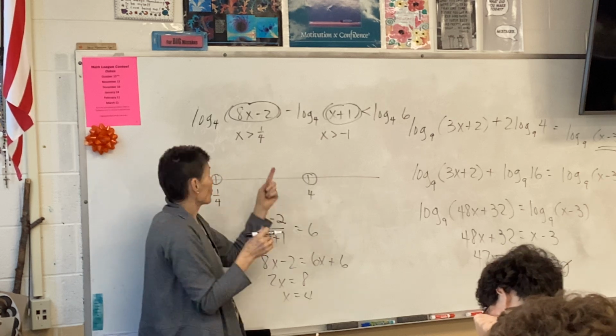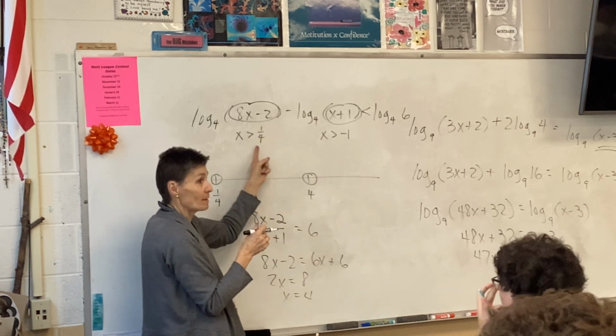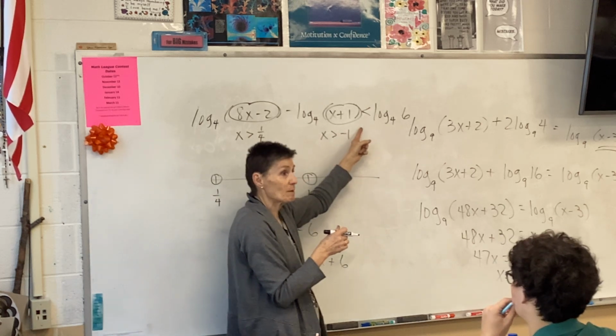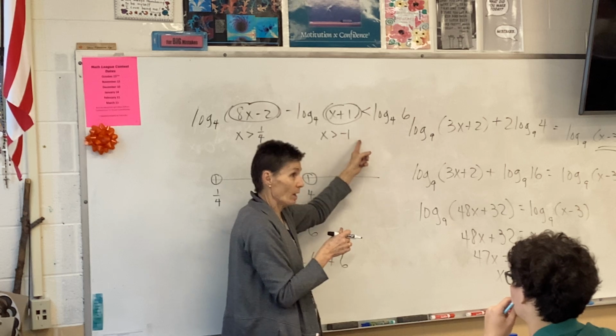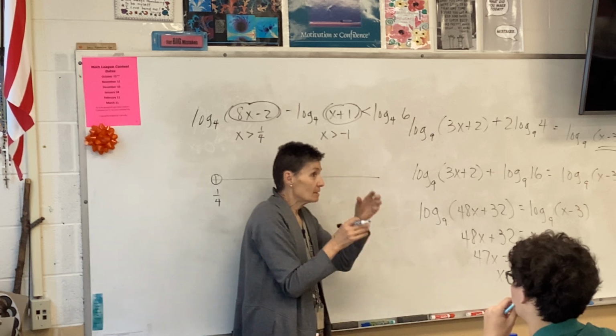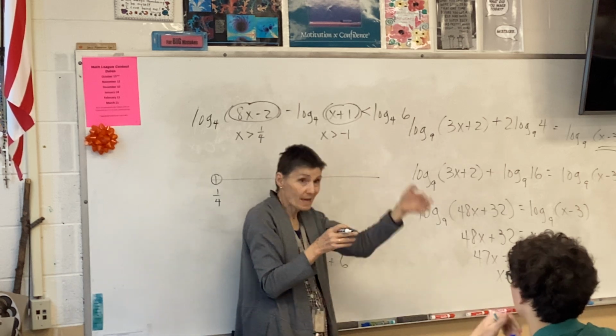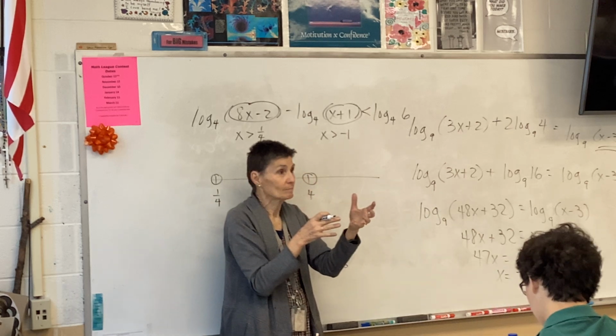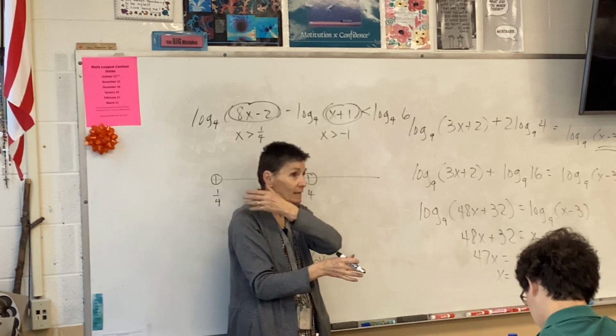Right? So that means x has to be bigger than 1/4, and x has to be bigger than -1. Now that's an and. So I gotta be bigger than 1/4 and bigger than -1. So doesn't that mean I'm bigger than 1/4? So I'm not even putting the -1 on there.